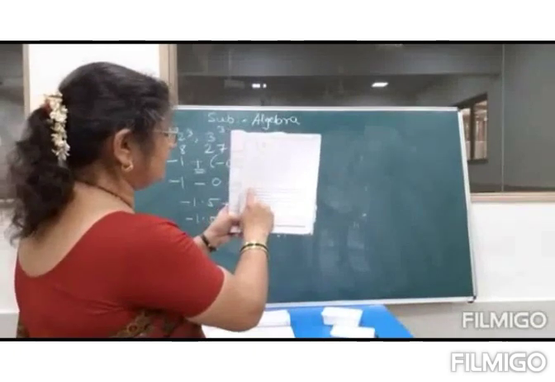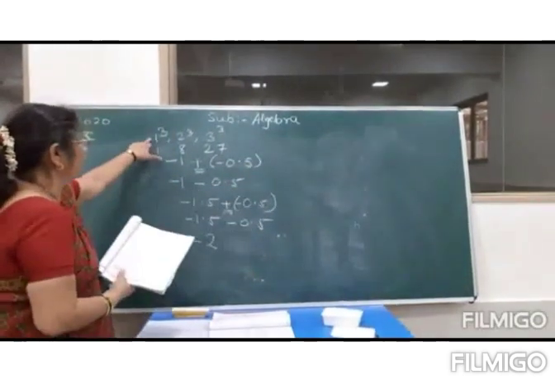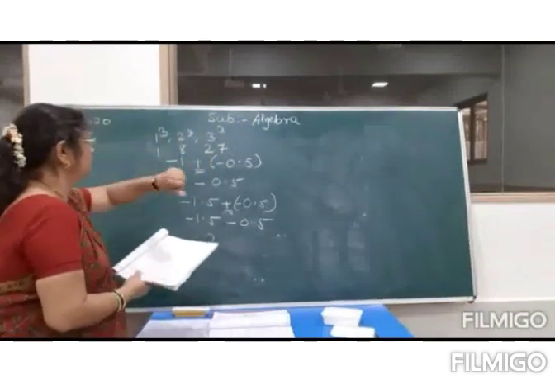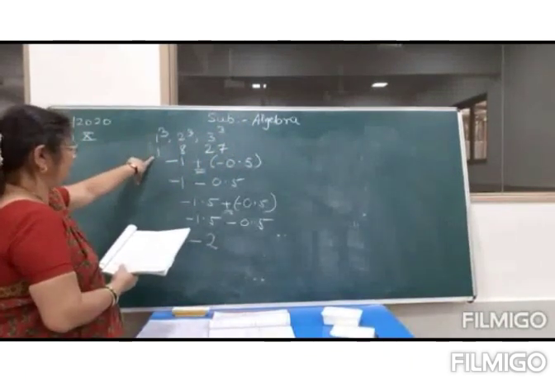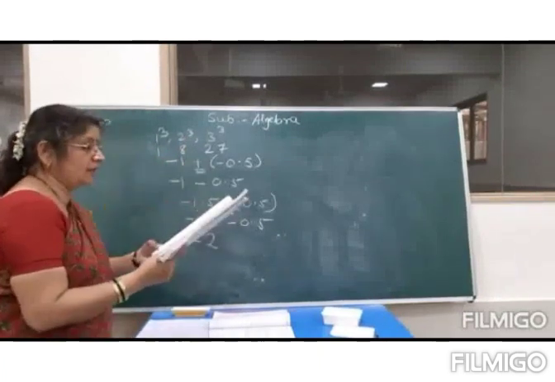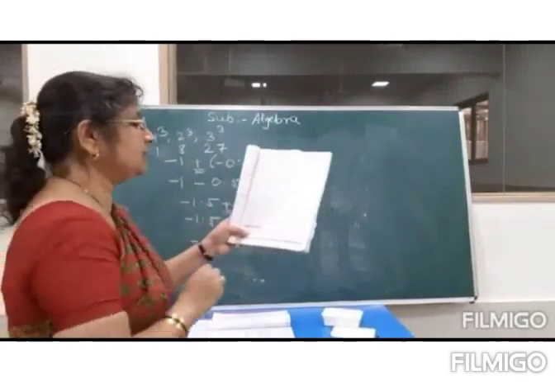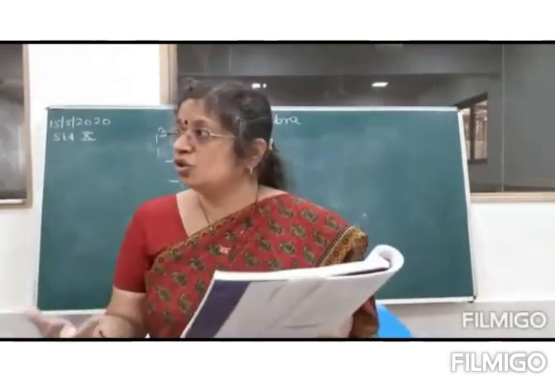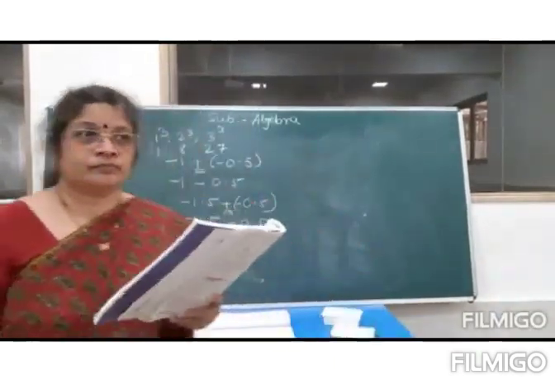And sequence 6, as I told, 1 cube, 2 cube, 3 cube, like that it is 4 cube, 5 cube will be there. So 1 cube is 1, 2 cube is 8, 3 cube is 27. If you see, it is neither an arithmetic progression nor a geometric progression.